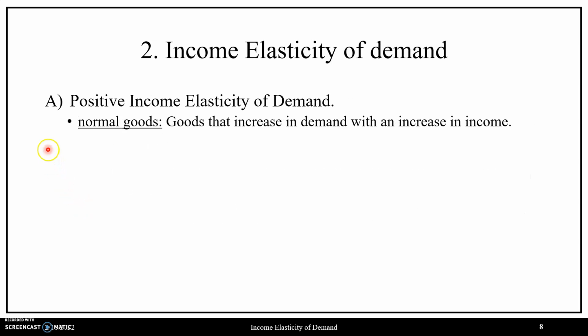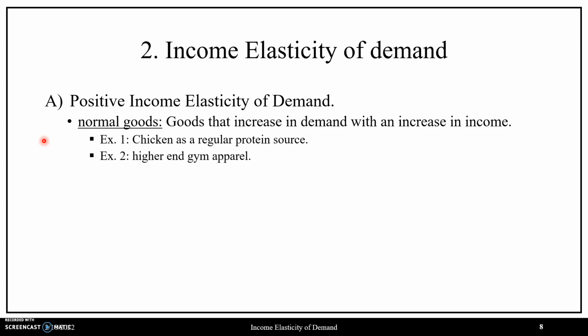Beginning with the positive case, should the income elasticity of demand yield a positive value, then we will have a normal good, where once again, this is going to be a good that increases in demand with an increase in income, where most goods typically are normal goods, where some examples would be chicken as a regular protein source in one's diet.